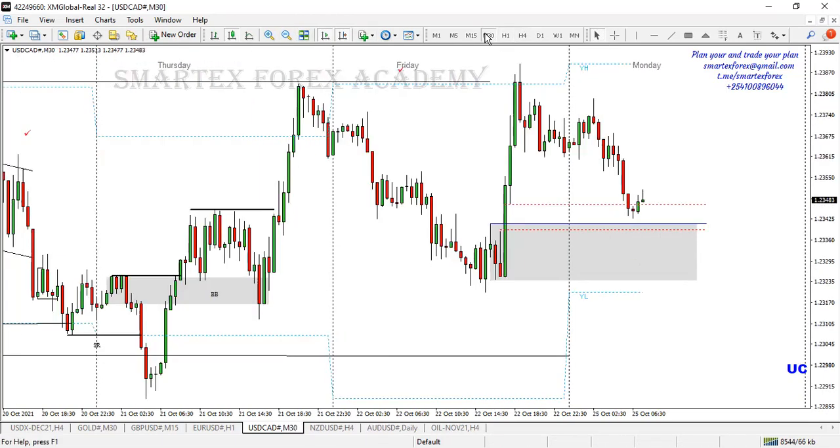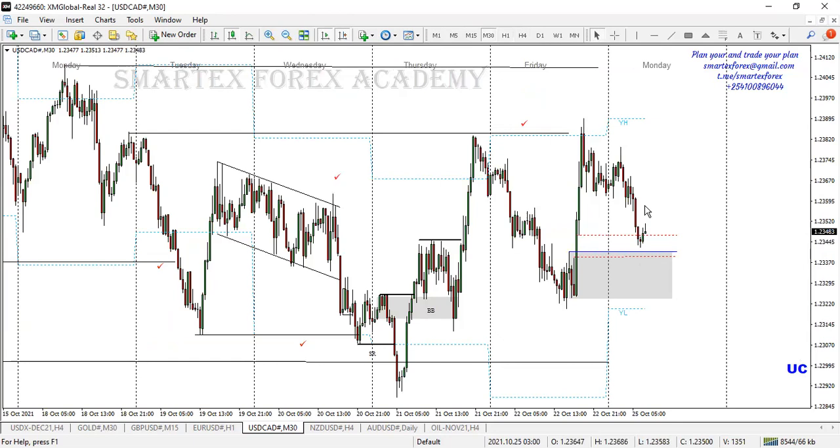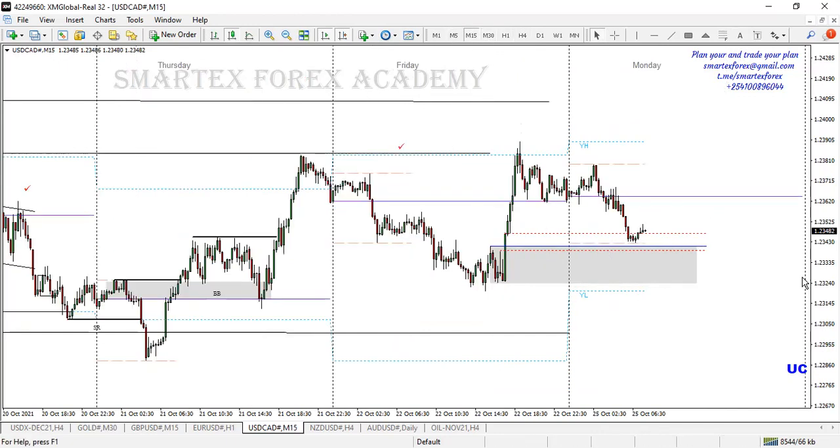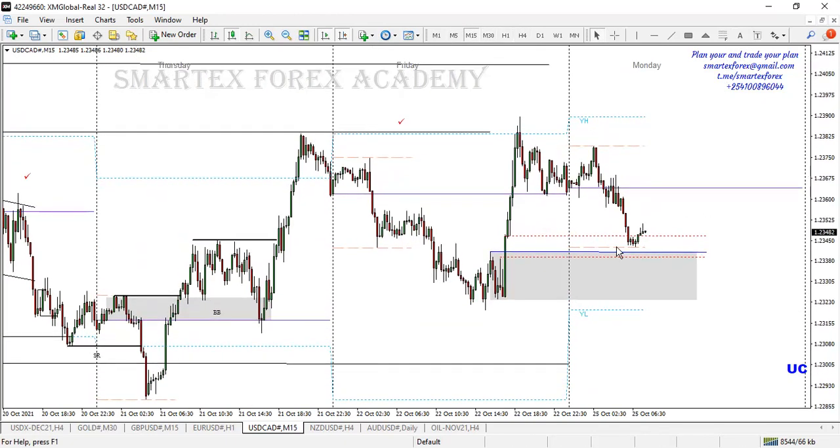So in the 30 minute time frame, let's see what we have. That is an OB, I don't know how to name it. In M15, you can see this is our Asian range, so BSL, SSL, and this is the OB.